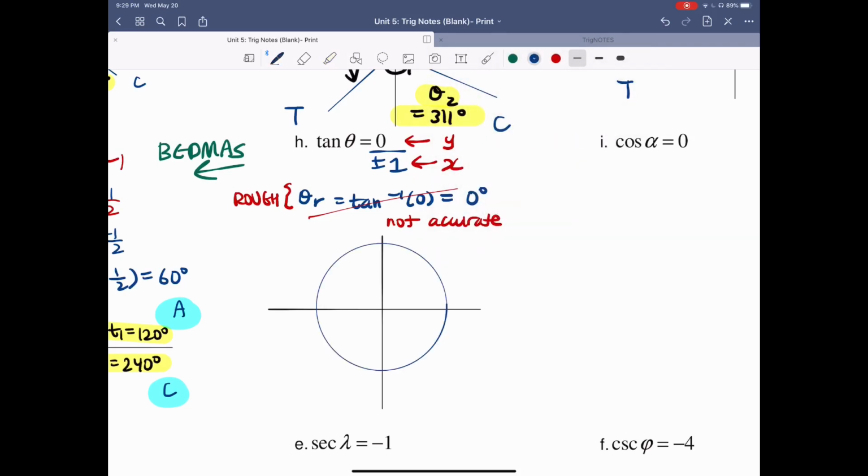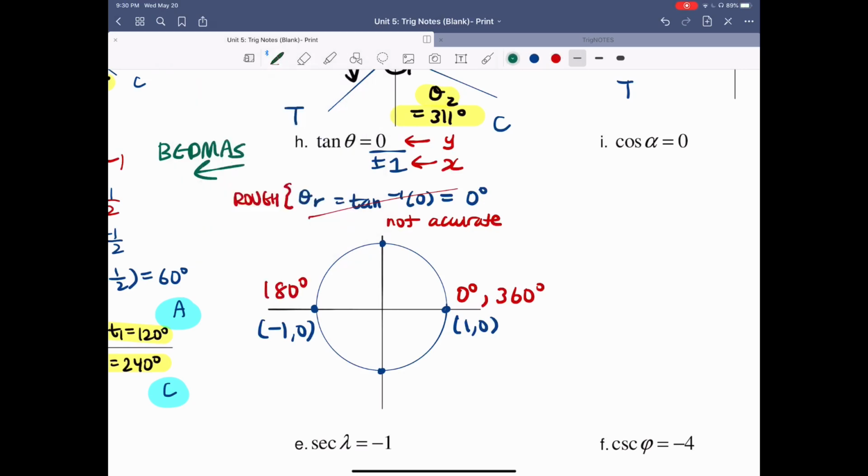I have my x and y axis and the unit circle, and I'm going to plot these. The ones I need to worry about is where is my y value 0? Well, my y value is 0 only here. And so I'm going to write this is 1 comma 0, and that's -1 comma 0. And if I recall, that's where it's 0 degrees and 360 degrees, and this is where it's 180 degrees.